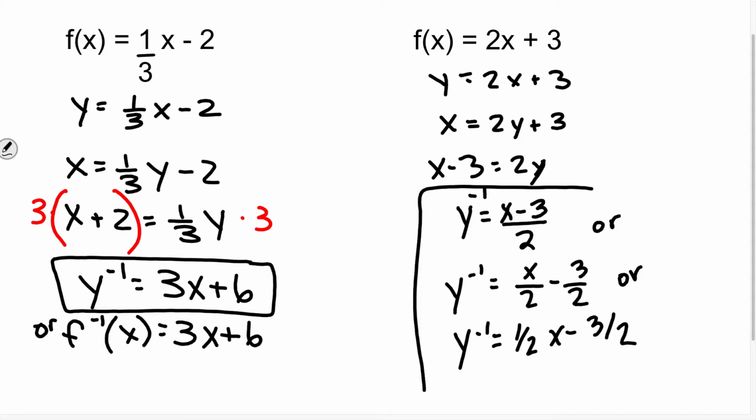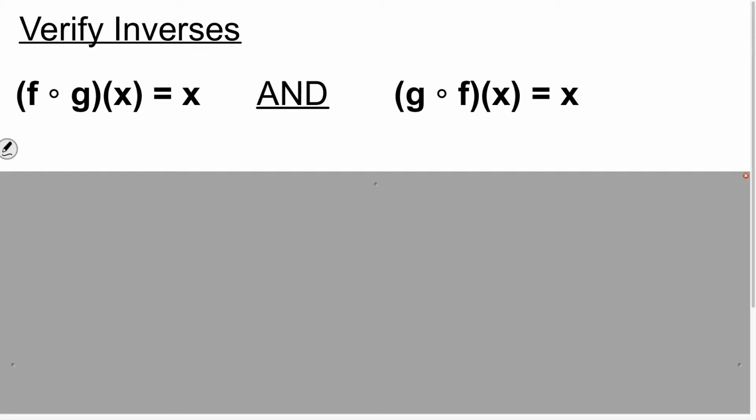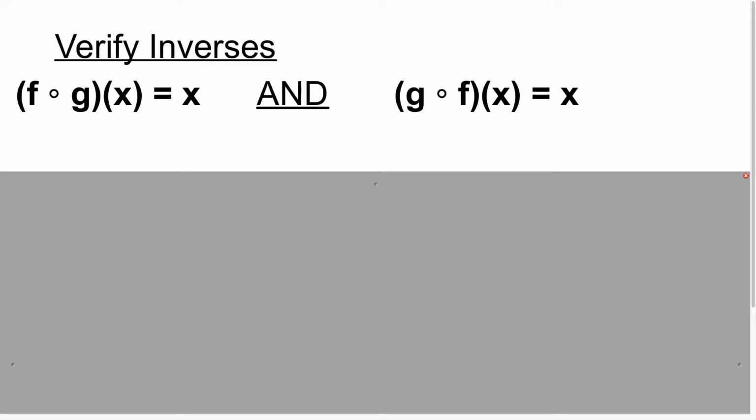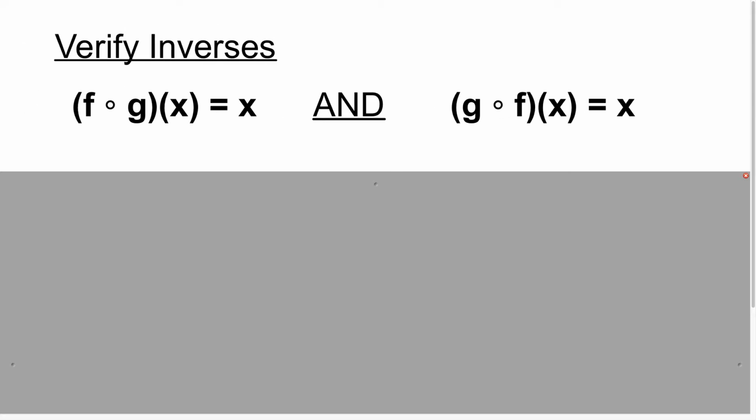All right, the last thing that you need to know. Given two functions, how can you verify that the two functions are inverses? Okay, so this is verify inverses. There are probably lots of ways to show that things are inverses.